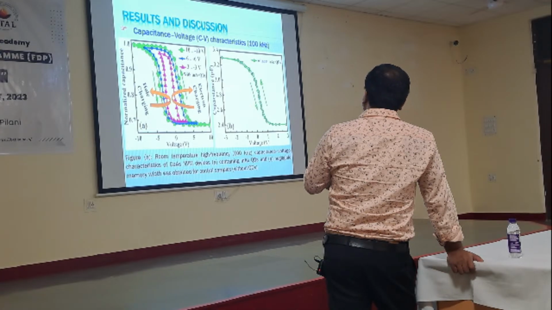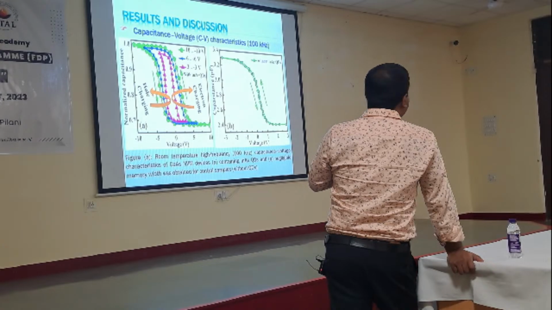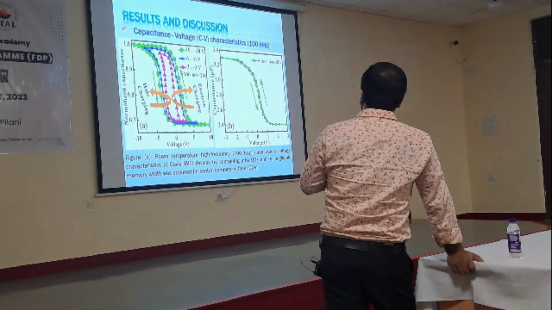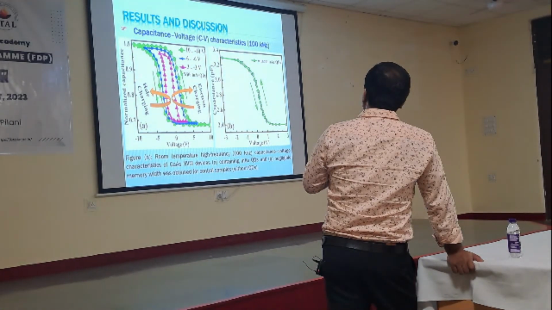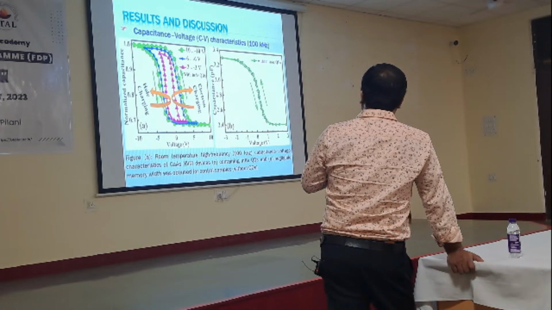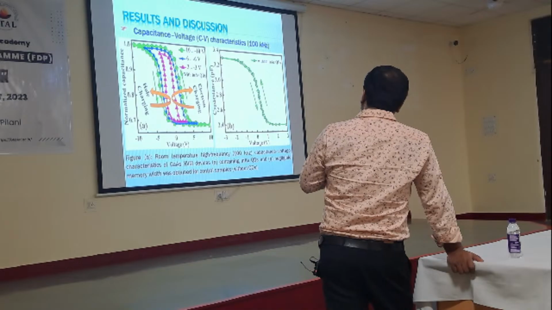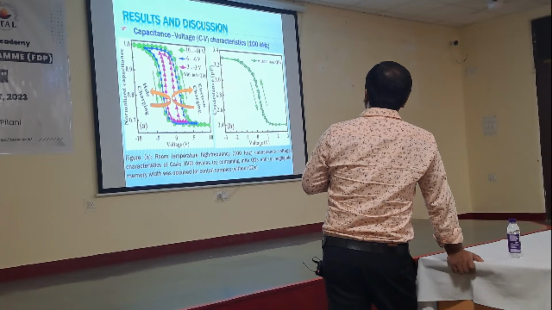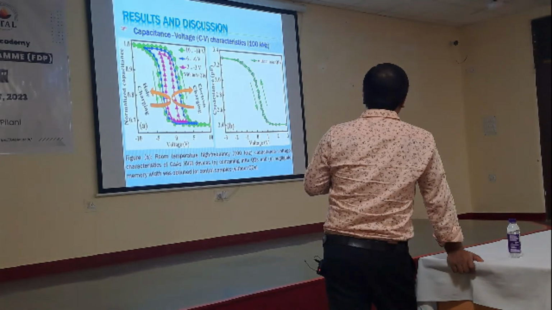This device contains indium arsenide quantum dots, and this other study is where no quantum dots are present. In order to ensure whether it is storing charges or not, you see when you swing the voltage from -3 to 3, 6 to -6, and -10 to 10, when your sweeping voltage increases, in this case your memory window also increases.